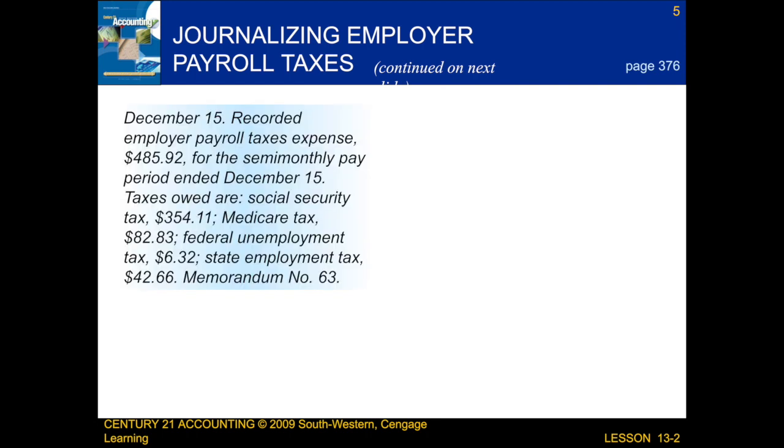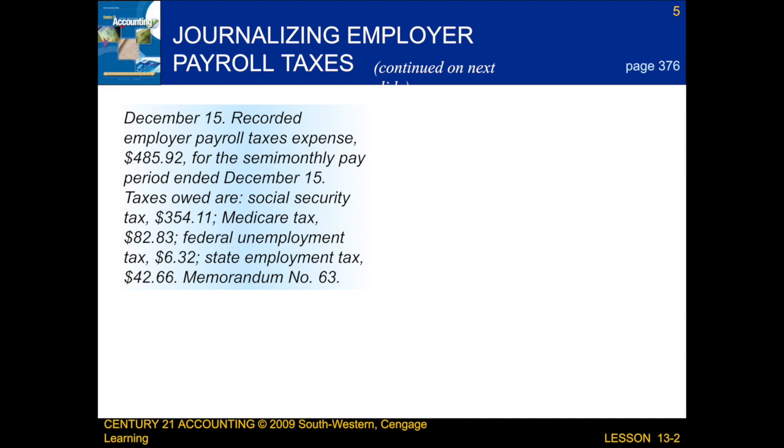Okay, the last thing that we're going to be talking about in this lesson is journalizing employer payroll taxes, and this is continued on the next slide. This transaction reads, on December 15th, recorded employer payroll taxes expense $485.92 for the semi-monthly pay period ended December 15th.